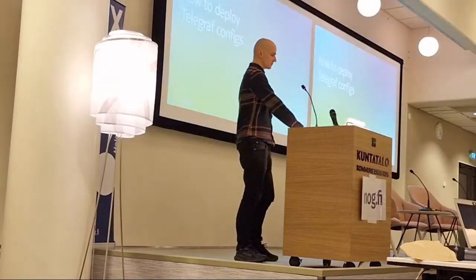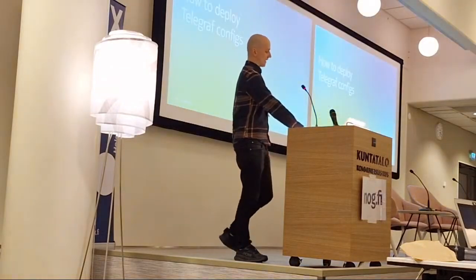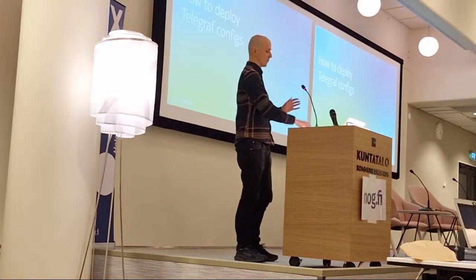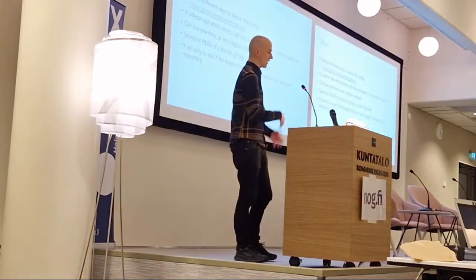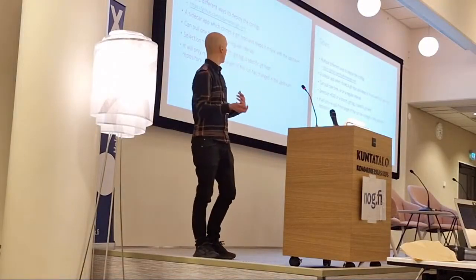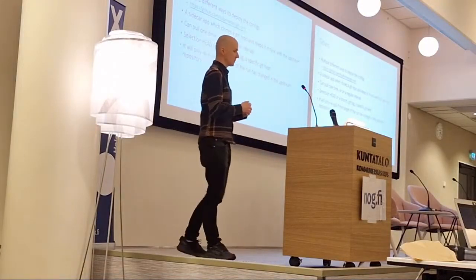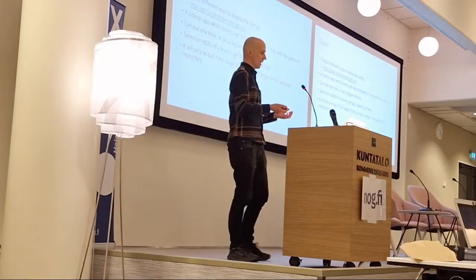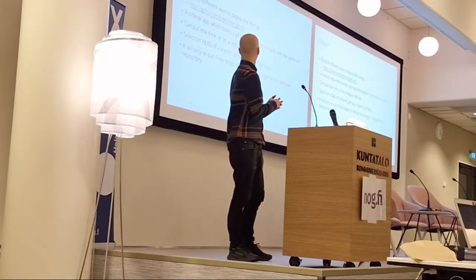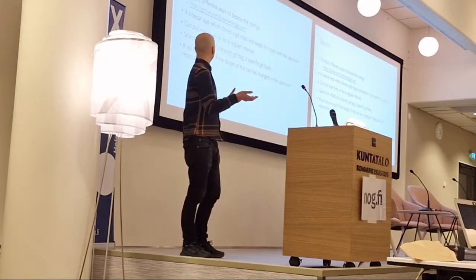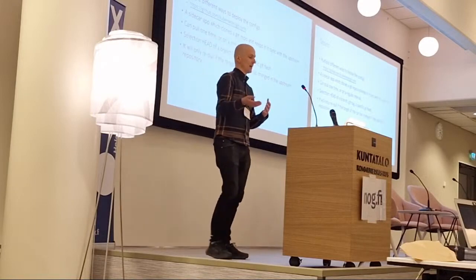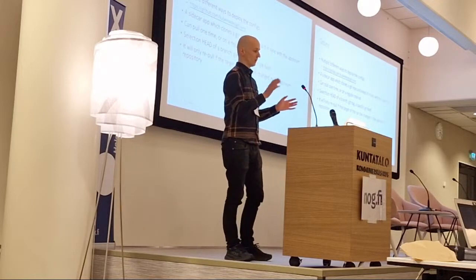And then, how to deploy the Telegraf configs. Now they would be residing somewhere in the Git repository. There are multiple ways of deploying this configuration, but this is a pretty handy way to do it. There's an application called Heatsink that can be deployed as a sidecar application for Telegraf.